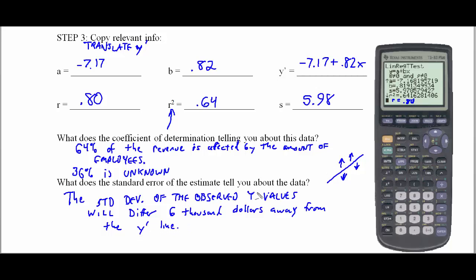So if you wanted, this standard error of the estimate says that you can be off by $6,000 normally. The standard deviation means that 66% of the time, which is a rough approximation of one standard deviation above and below the norm, you will be $6,000 away from the y prime line, which is probably based on its sample size and probably based on where these dots were on the line.